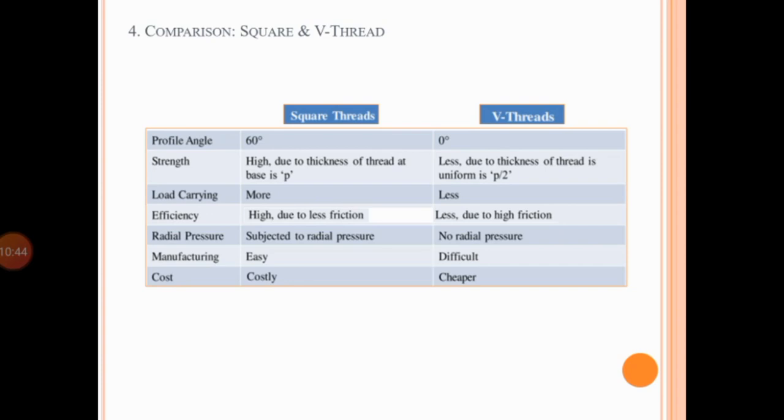Efficiency of the square thread is a little more than that of the V thread. Radial pressure acts, of course, in the case of the V thread, whereas there is no radial pressure in the square thread. Manufacturing is a little easier for the V thread, whereas the square thread needs special machinery. Cost-wise, the square thread is more expensive than the V thread.